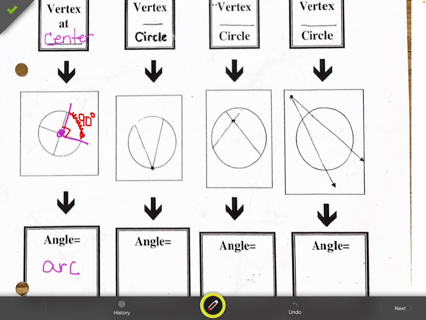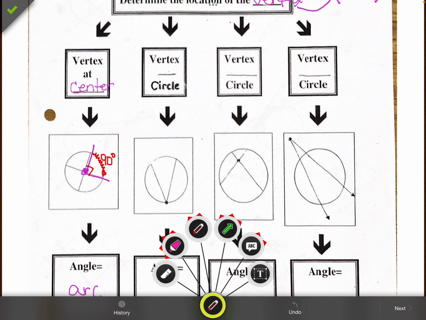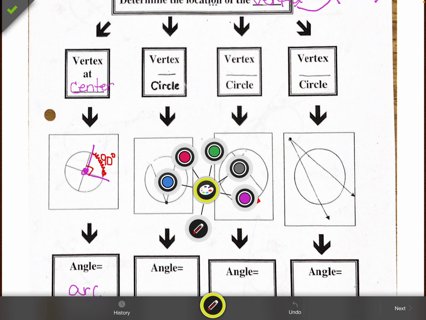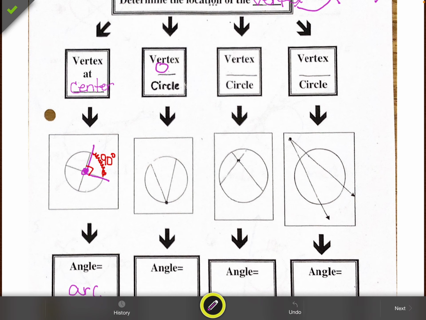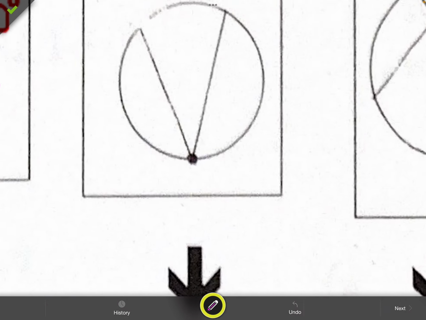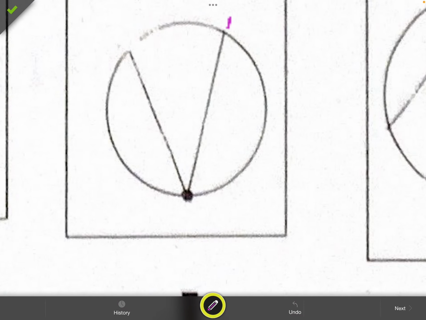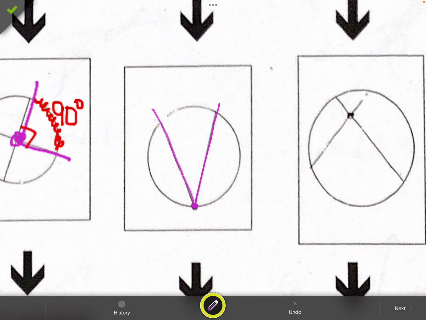Now, if we look at the next picture, we can see that our vertex is actually on our circle. So here's my angle, and I go a little past the circle just so you can see its intercepted arc. Here's my vertex, it's on the circle. Here's the other side of my angle. So this one has a different formula.